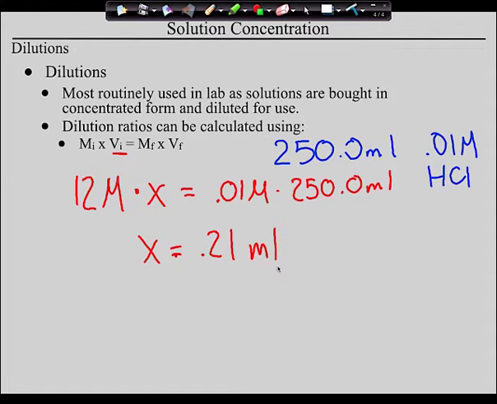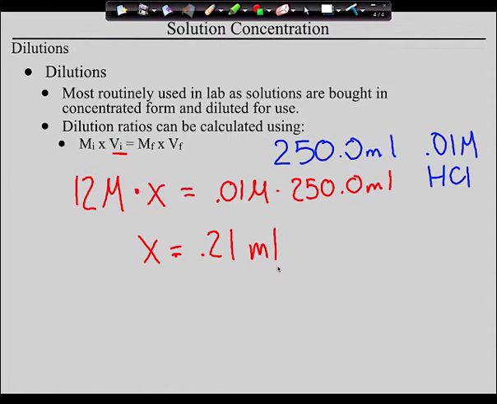Then step 7 is run as fast as you can and put the bottle of concentrated HCl back before someone dies. But you typically don't want to add step 7 to the test because they don't like that. But practically, it's really step 7.